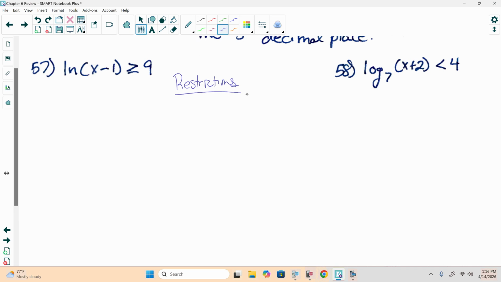Because if it starts inside a logarithm, what's inside the log, in this case x minus 1, those values of x have to be greater than 0. X minus 1 cannot be 0 or negative. Any value of x that makes that expression 0 or negative has to be removed. So here we would add 1 to both sides, saying x has to be greater than 1.